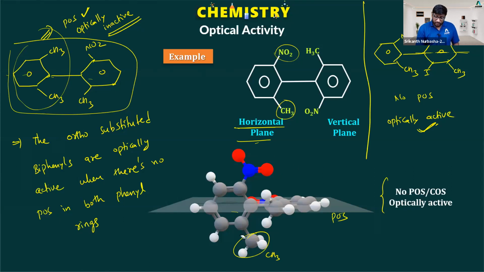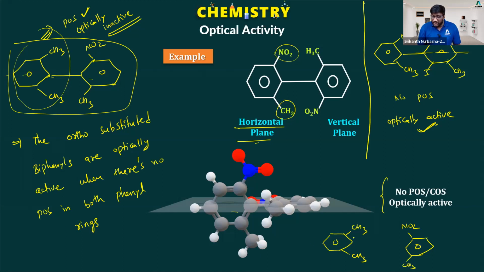Got it or not? If you still have doubt, here is a shortcut. Consider one phenyl at a time, separately. In this biphenyl, this is CH3, this is CH3, and the other phenyl has NO2, CH3.